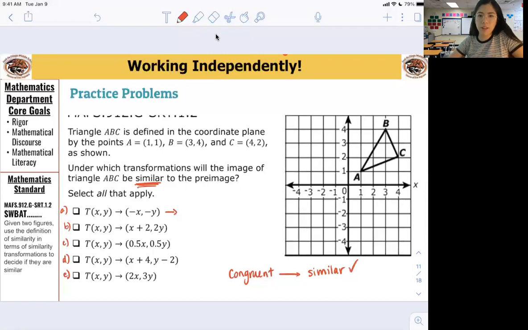Yeah, and you can kind of look. A prime would be here, (3, 4) would become (-3, -4), and then C prime would become (-4, -2). So there's my image. It's a rotation, 180 degrees. Cool. That leads to congruent figures. But like I said, congruent figures are also similar figures. So A is correct. Okay, questions on A?